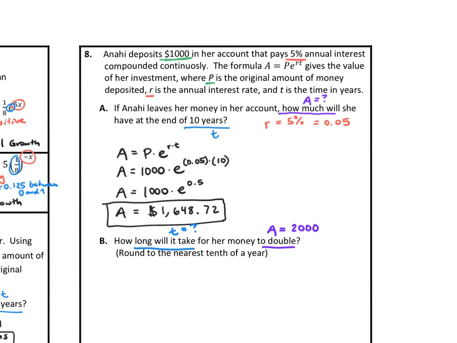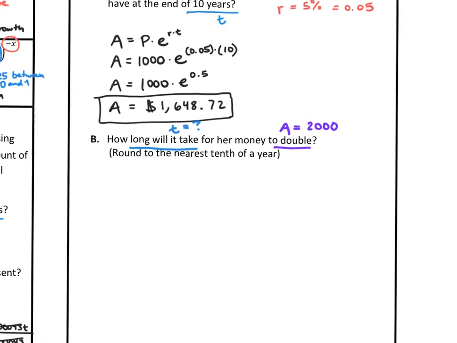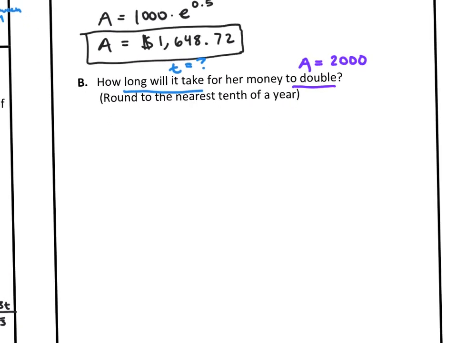Okay, so we're going to use the same formula. Let me go ahead and zoom into this problem. I also want to remind you guys that P is the amount she deposited, $1,000, and r is the interest rate of 5%, but 5% changes to 0.05.